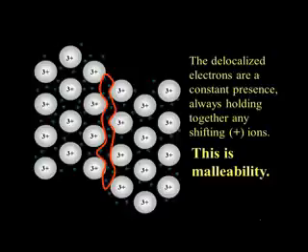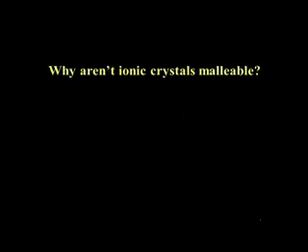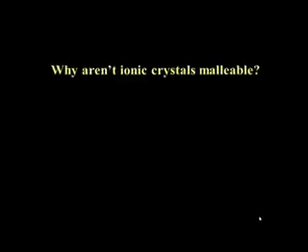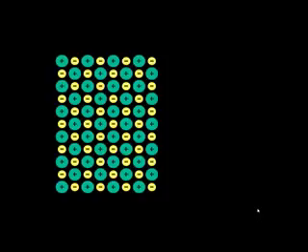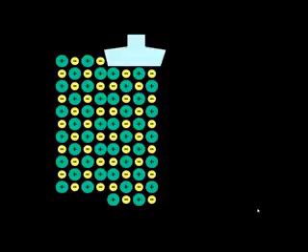You can force the metal into the shape of wires. So this is malleability. And a nice contrast would be to look and see, why does hitting an ionic crystal not result in this sort of malleability? When we hit an ionic crystal, it shatters. Let's hit this ionic crystal with a hammer and see what happens. So no matter how you hit it, you're always going to come to some point where like charges are lined up.